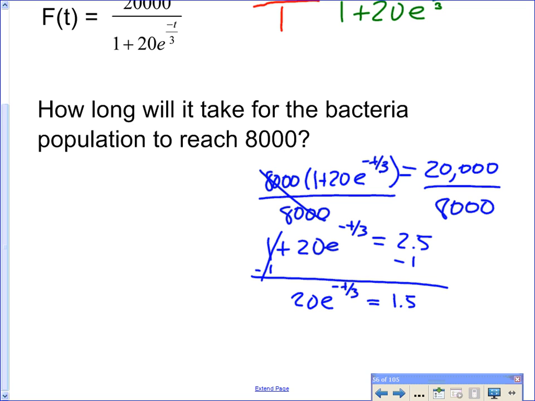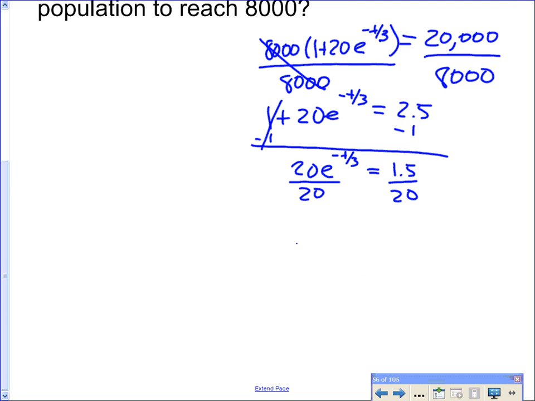Again, working towards isolating the t, so I'm going to divide both sides by 20. And when I divide both sides by 20, I end up with e to the negative t over 3 is equal to 0.075. Okay, and now it's time to deal with that t that we're looking to solve for.